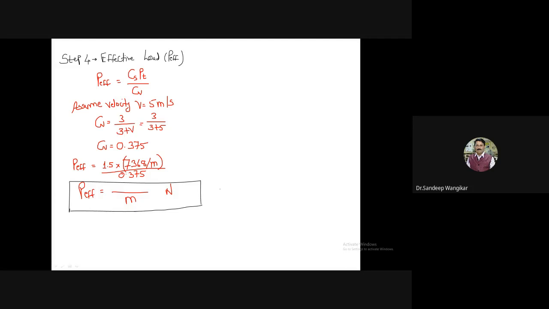So 1.5 into 7368 divided by 0.375 gives approximately 29.46 into 10 raised to 3 divided by M Newton. This is your answer.